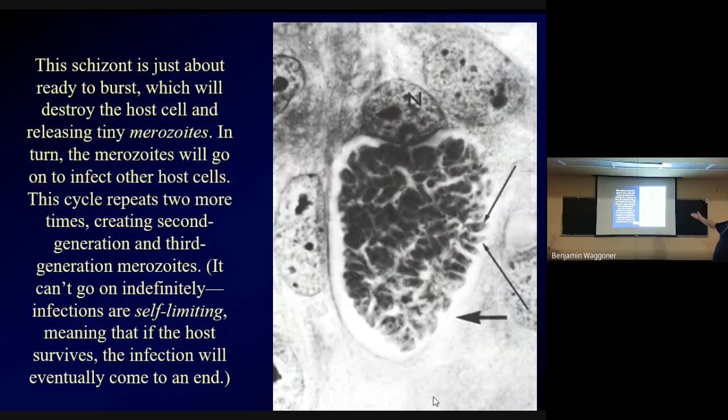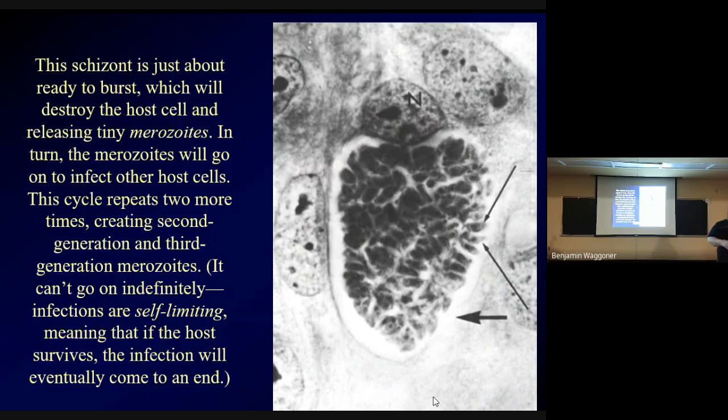And then there's a schizont. That's about ready to burst. That will release the little swarmer merozoites. This will repeat 2 more times, but it can't go on indefinitely. That means that coccidian infection is what we call self-limiting, meaning that if the host doesn't die, the infection will eventually burn itself out.